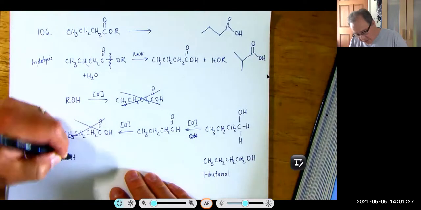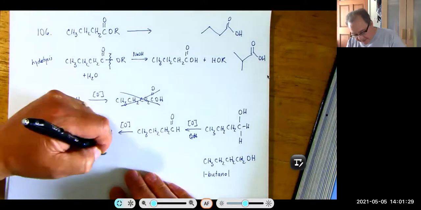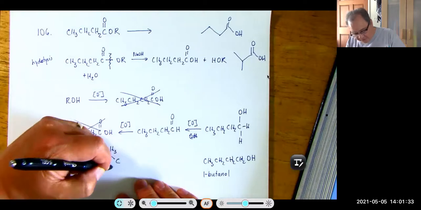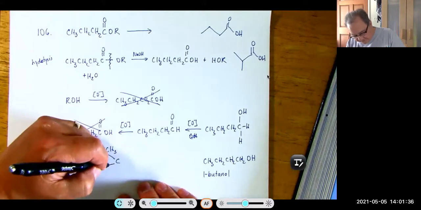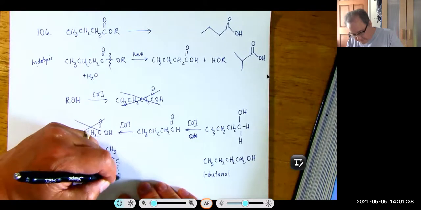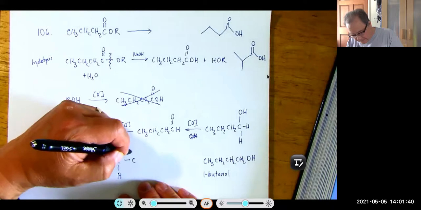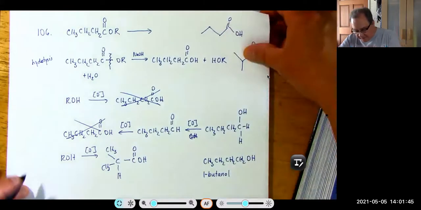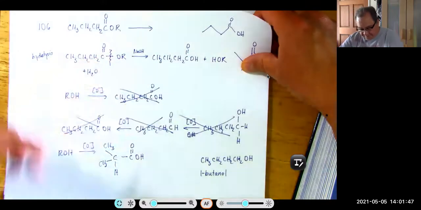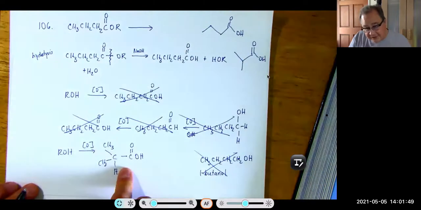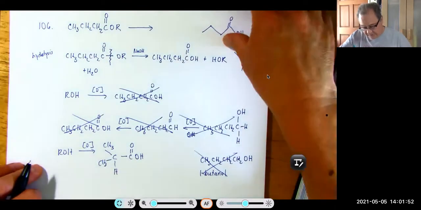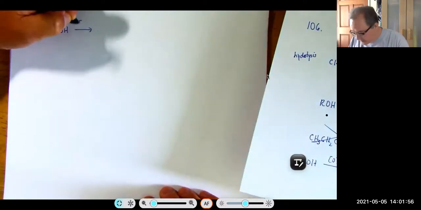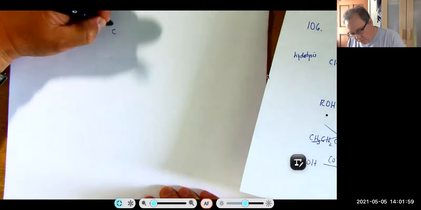So here's my ROH, and we have to make this acid, which I'm going to write as follows. Okay, since I've messed this up, I've run out of room, and now I'm going to rewrite this on another page. So our alcohol, when we oxidize it, we get this.